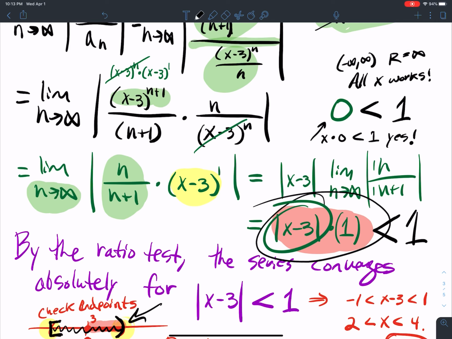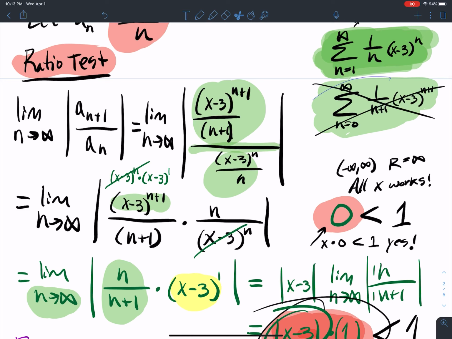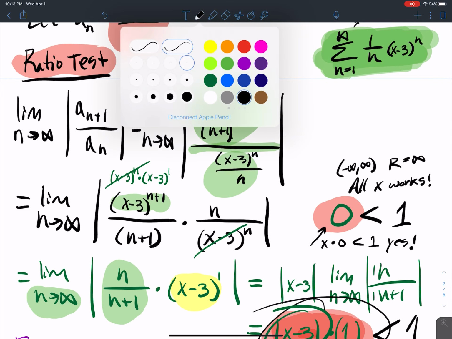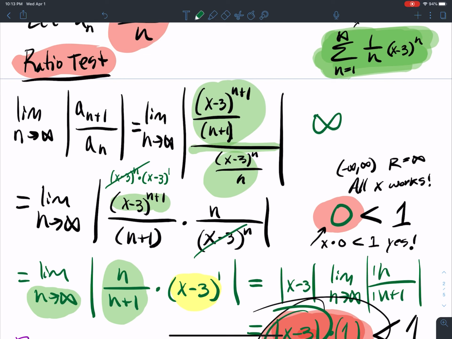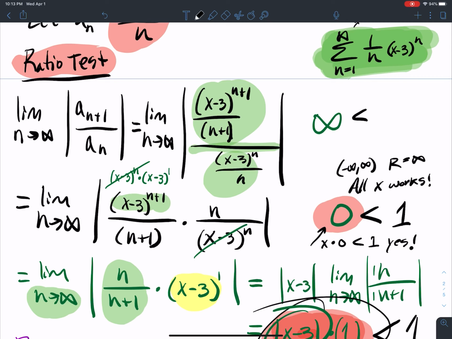Does that make sense? However, if you run this ratio test and instead of getting an absolute value or 0, maybe you get infinity. I'm running out of room here, so let me erase this. So maybe you get infinity as your answer. When is infinity going to be less than 1?